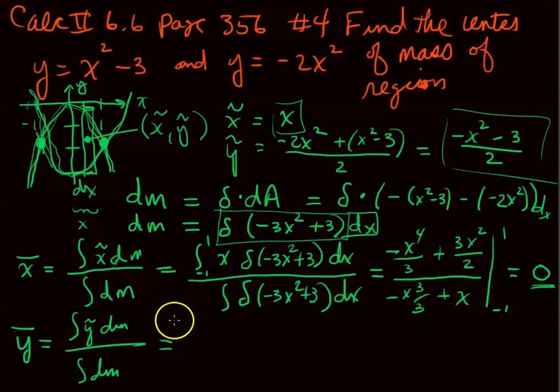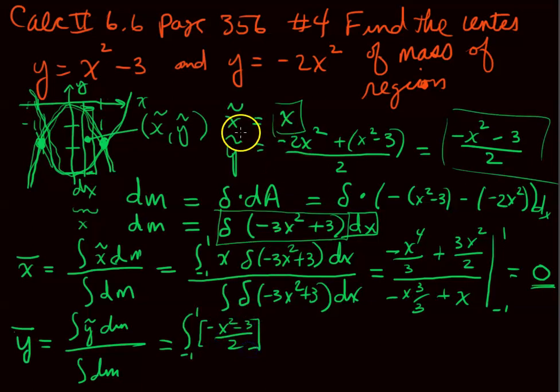Now let's at least write it once here. Y tilde is all of this stuff. Oh my gosh. So we got the integral from negative 1 to 1 of the y tilde, which is a negative 2x squared, I'm sorry, we'll use this, negative x squared minus 3 over 2.